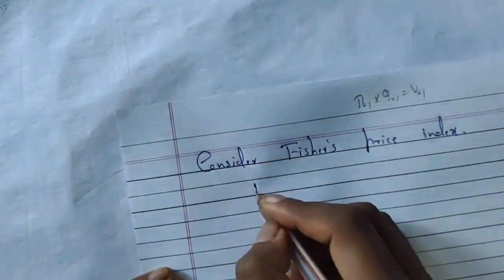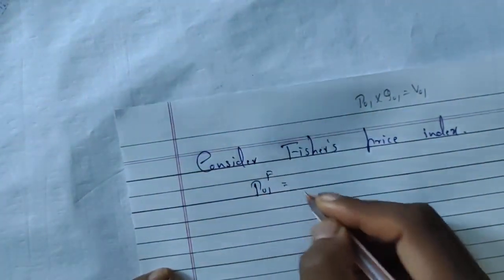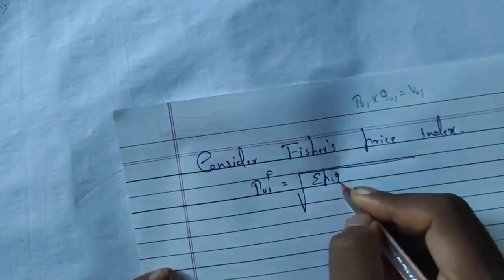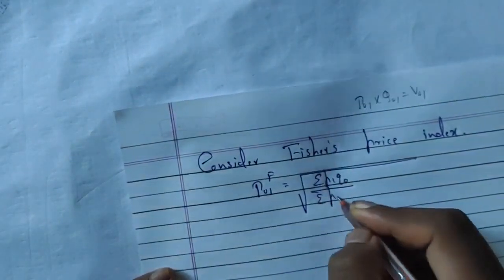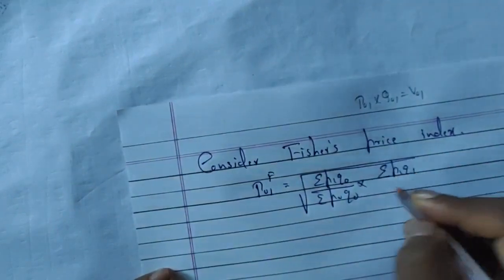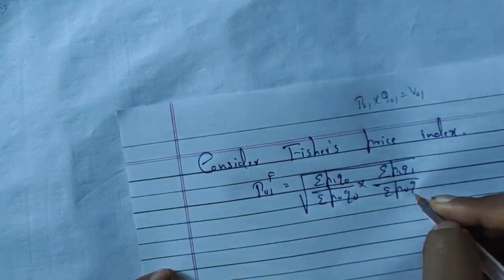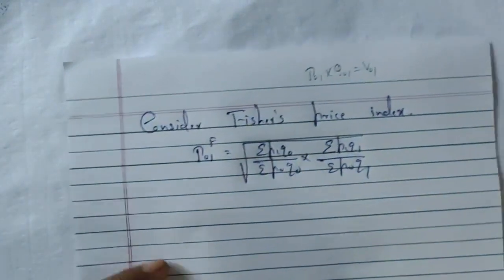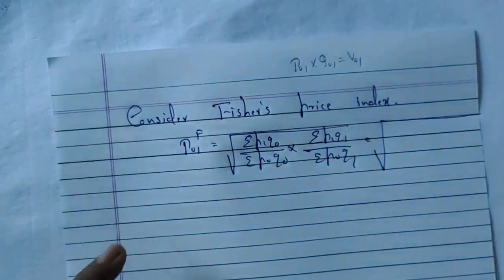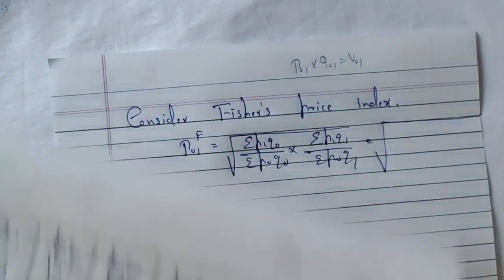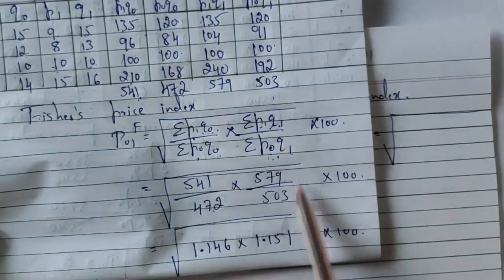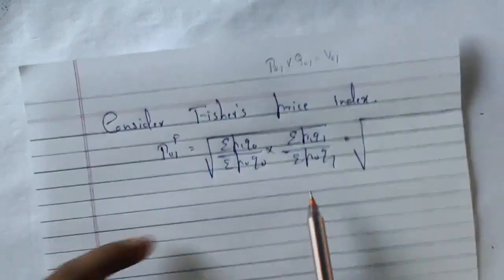That is P01 Fisher equal to square root of, write the formula, summation P1 Q0 by P0 Q0 into summation P1 Q1 by P0 Q1. Here only substitute the values. So that is this, 541 by 472, 579 by 503.